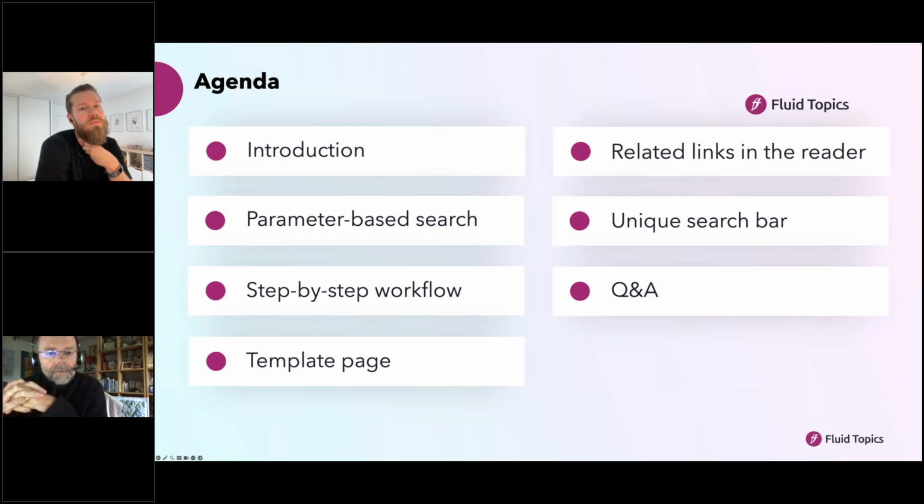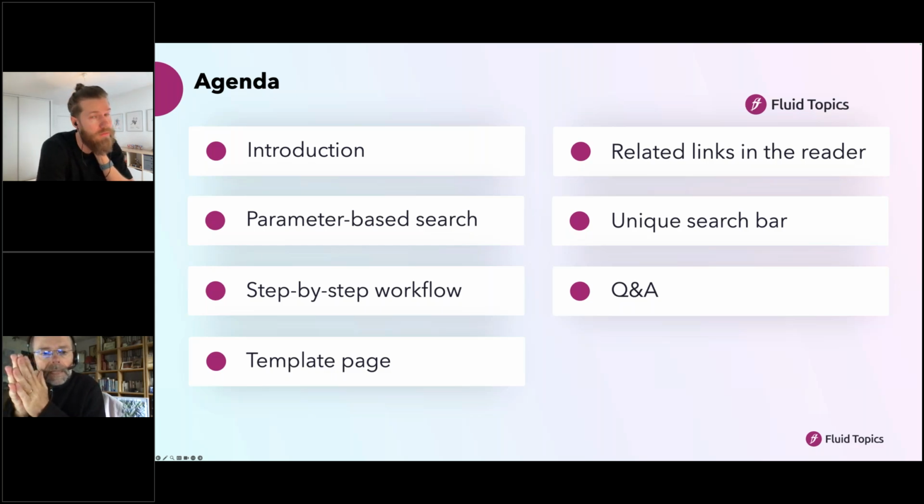A third use case, which is the automatically fed product or profile page based on a template. Very interesting use case. And then how to build related links in the reader with this new component.